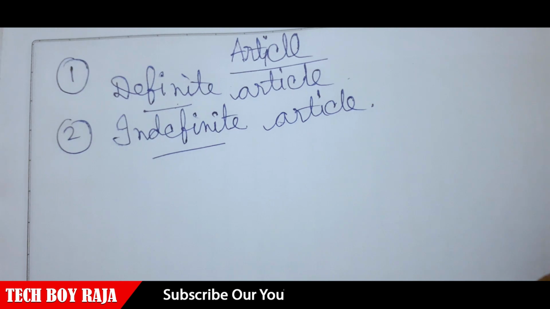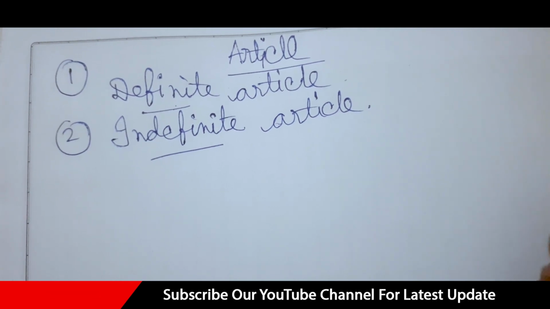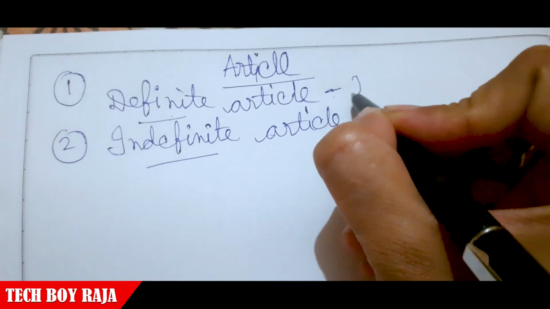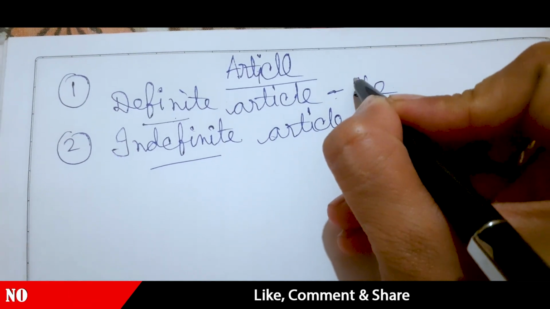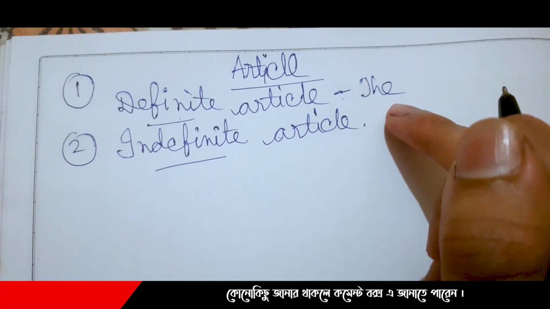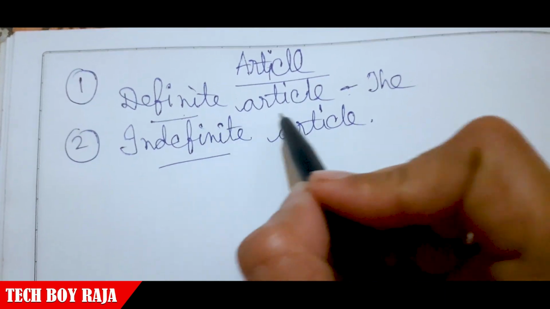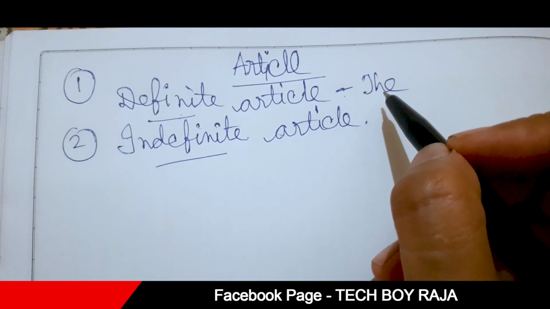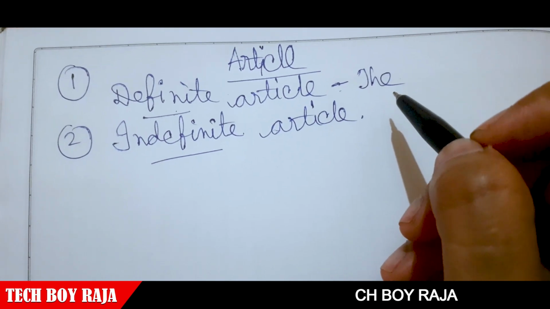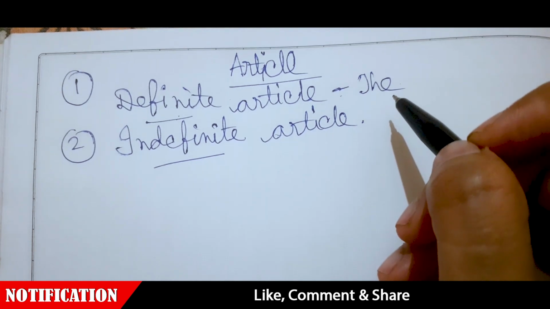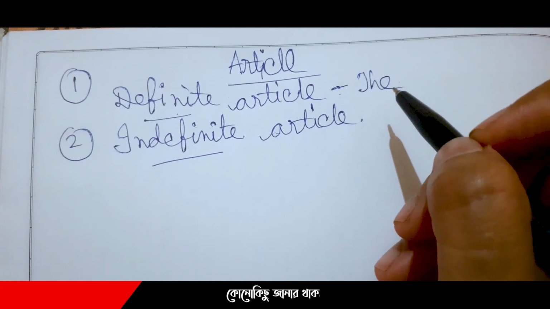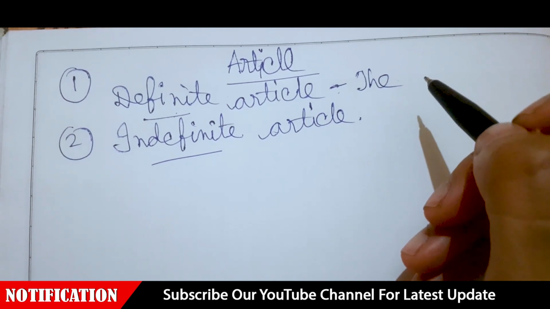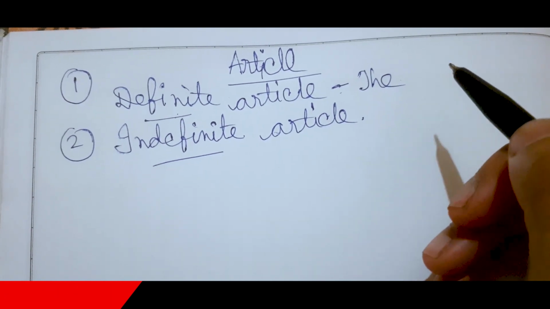So to mention anything in particular, we use the definite article, and that is the. You know, the is an article. So definite article means the. Whenever we use the in any sentence, it is called a definite article, to indicate anything in particular, like the sun, the moon, the man, the university, like this.